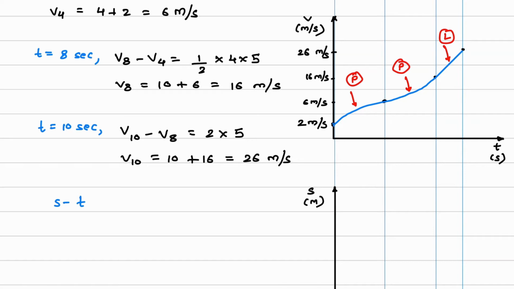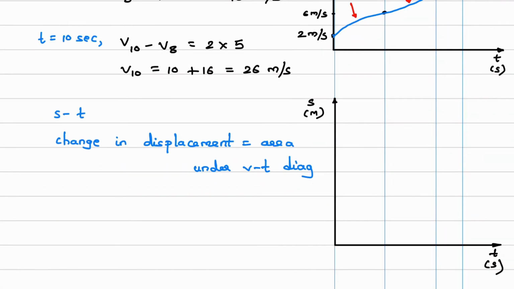So change in displacement is equal to the area under the v-t diagram. Displacement initial value is not given, so displacement will start from 0.